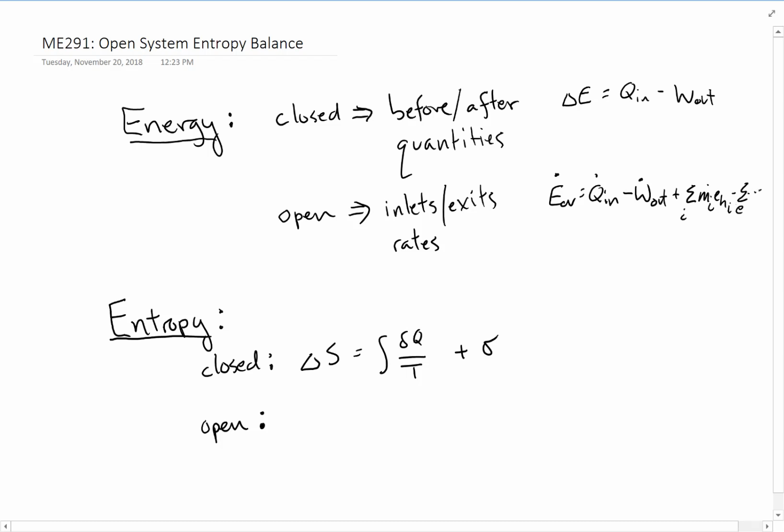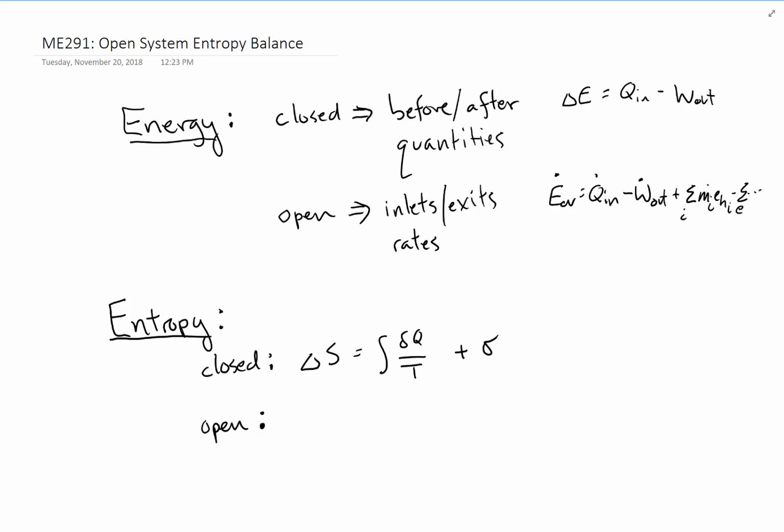So as we went from a closed system to an open system, the amount of energy change became a rate of energy change inside the box. The amount of heat transfer became a rate. The amount of work became a rate. And then we had to add in terms for mass transfer.